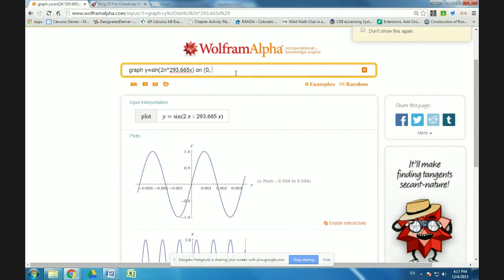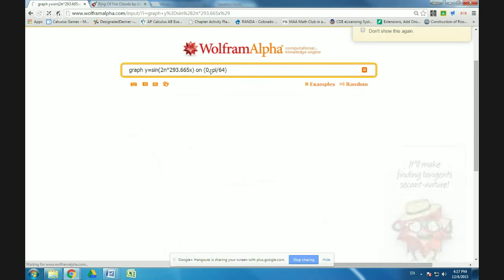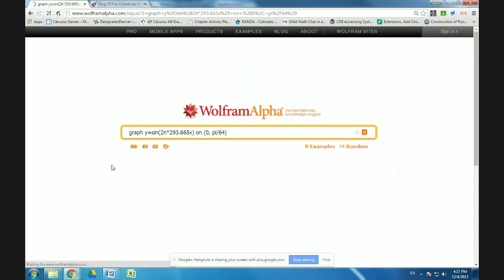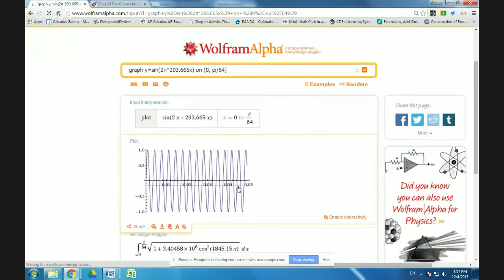A good interval to work with, these are your x values here. In class, I showed you pi over 64. You can see that it goes from 0 to about 0.05 seconds.